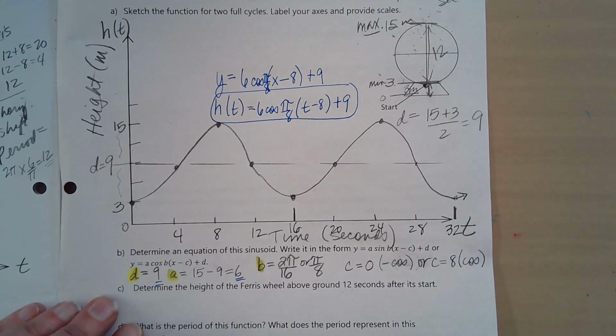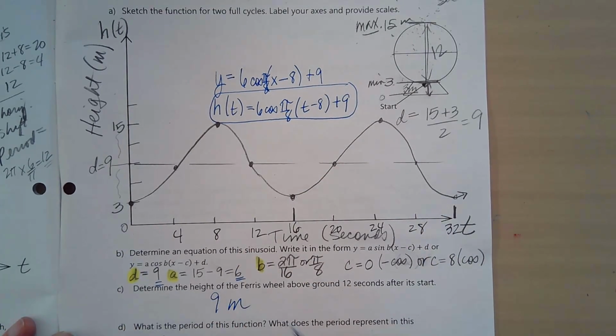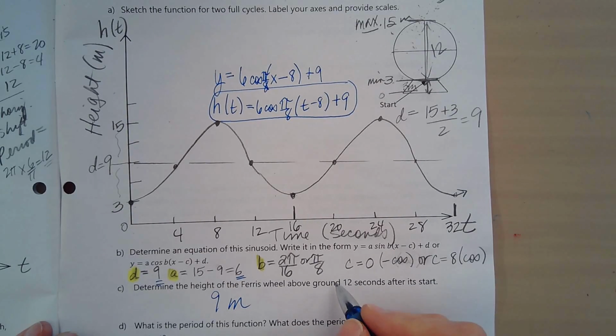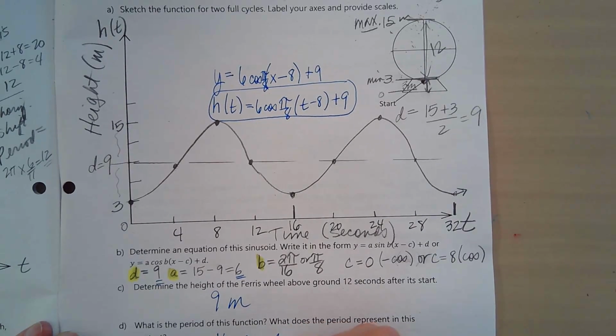Okay, what's the height of the Ferris wheel 12 seconds after start? Yep, it's right here, right? 9 meters. What's the period of the function? Yeah, 16 seconds. What does it represent?